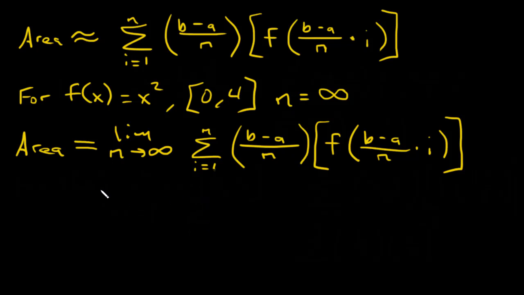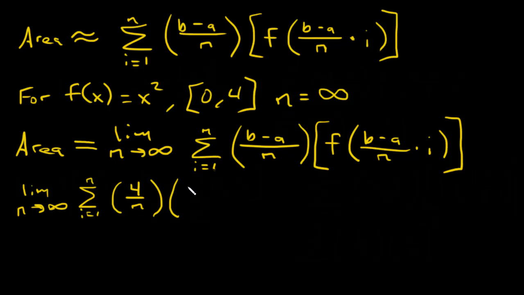So this is going to be the limit as n goes to infinity of summation i equals 1 to n of, b minus a is what? Well, we've got 0 to 4, right? So this is going to be 4 over n times 4 over n i fed into my function is going to be (4 over n) squared. So 16 over n squared i squared.